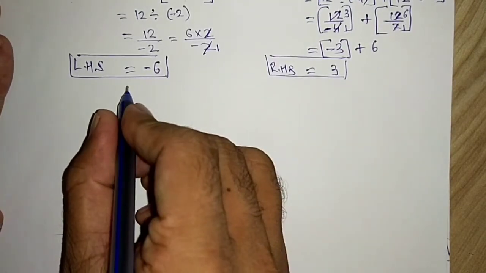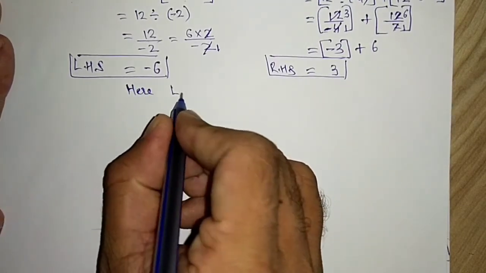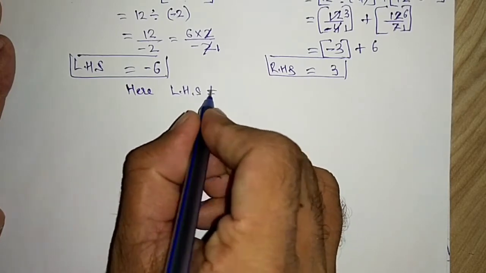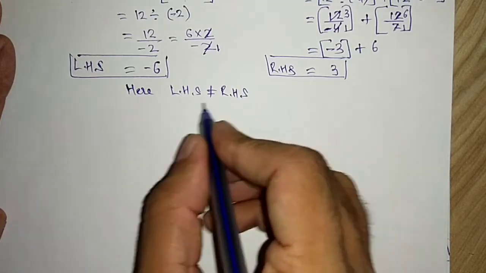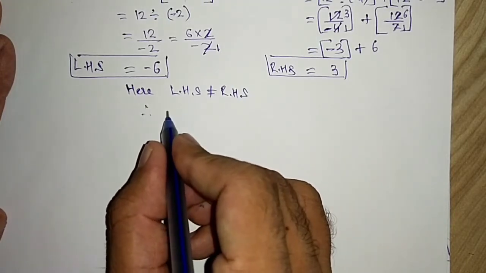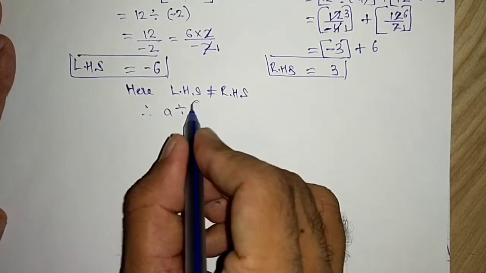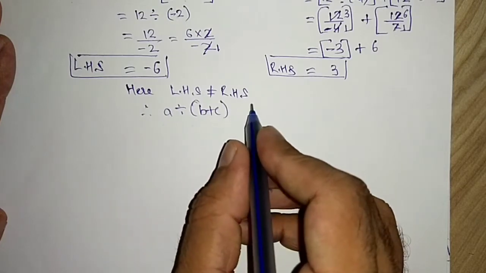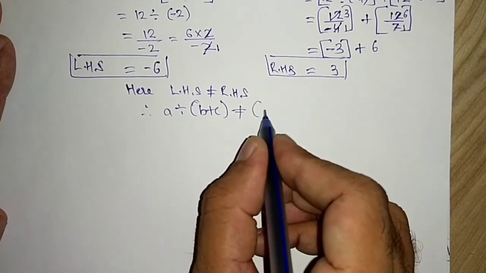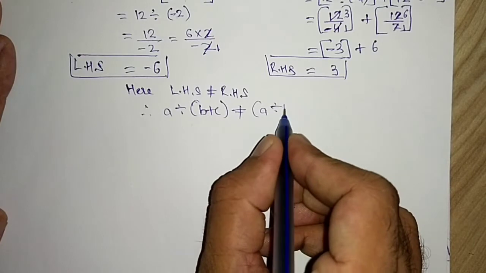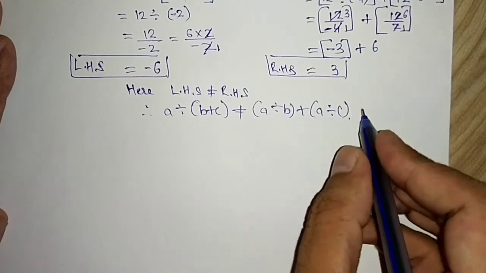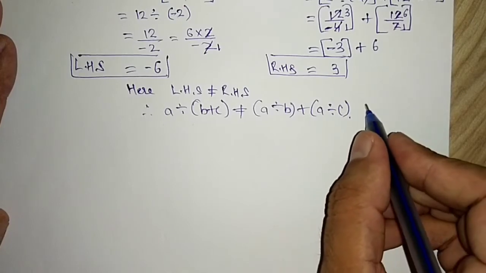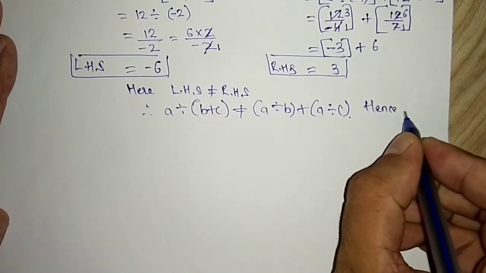So we will write here LHS is not equal to RHS. Therefore a divided by (b plus c) is not equal to a divided by b plus a divided by c. Hence verified.